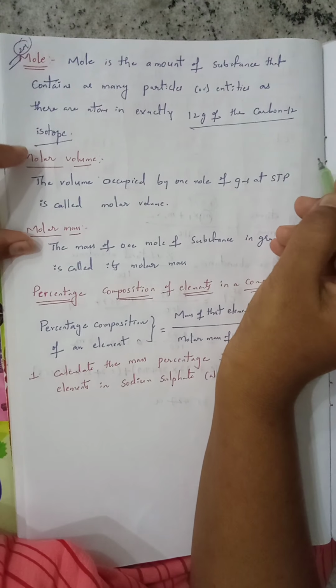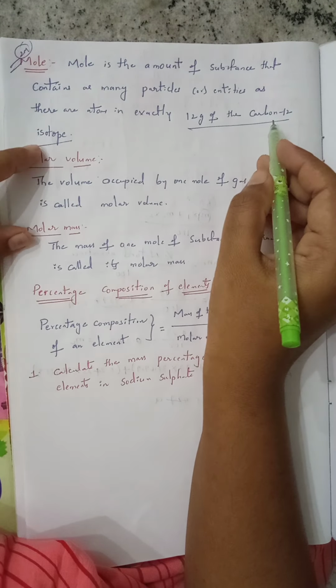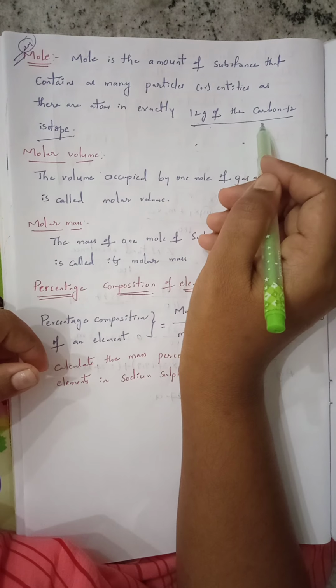Again here they have taken a standard unit, that is the carbon 12 isotope. In 12 grams of carbon 12 isotope, whatever the total number of particles present, that defines the mole.